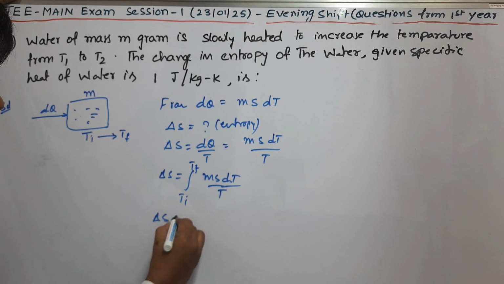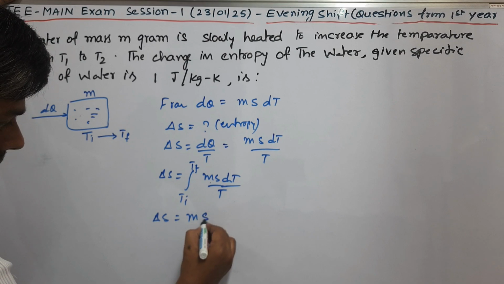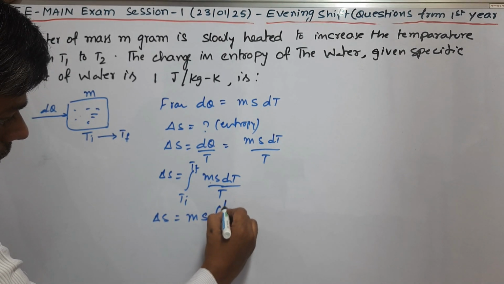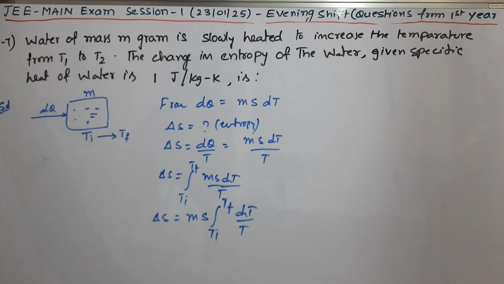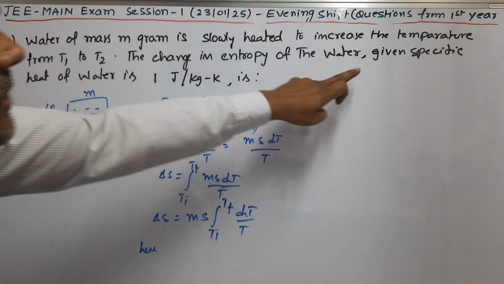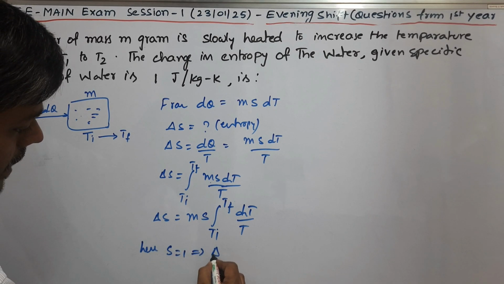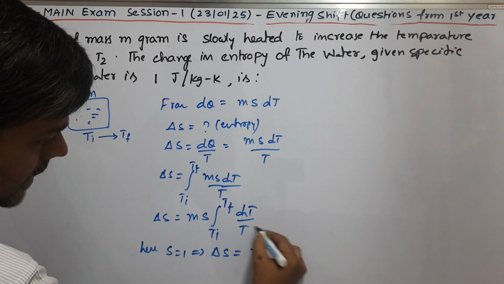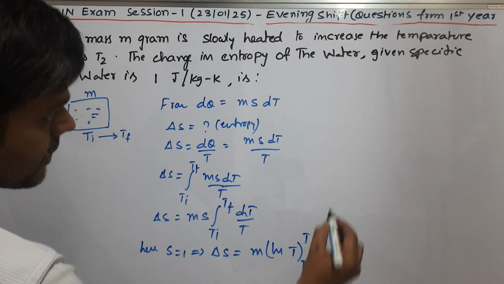That implies delta S is equal to, since mass does not change and specific heat is also a constant for the given substance, m into s into the integral from Ti to Tf of dt by T. In the question itself, the specific heat of water is given as S. That implies entropy delta S is equal to m into s into log T, with limits Ti to Tf.